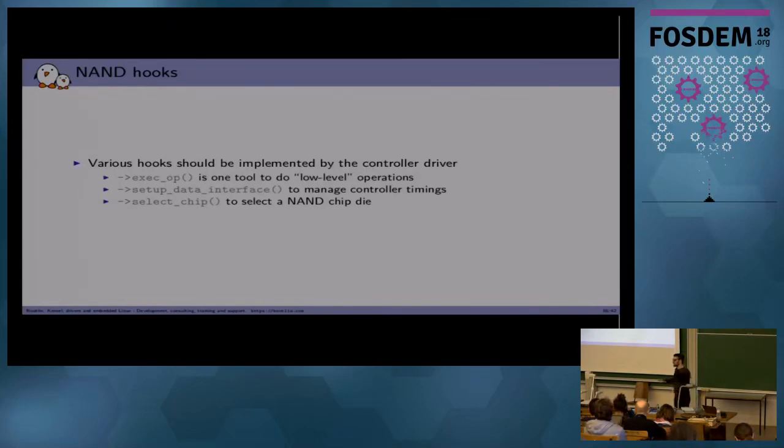And when I say this chip, you can actually select the chip with this hook, and each time you'll have to switch from one NAND chip to another one if your design is like this, you'll have to switch from one timing mode to the other one, and this is done in the select chip. Also, even if the name is confusing, you actually select a die, not the entire chip.